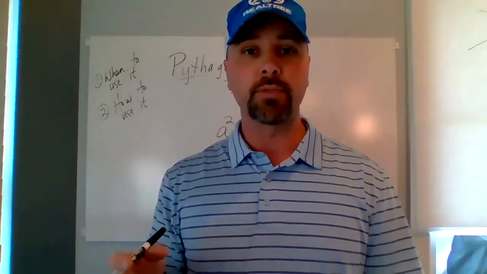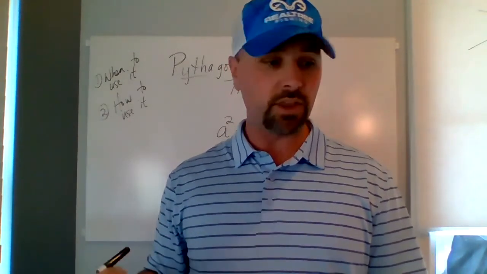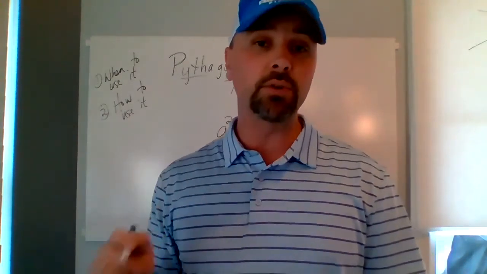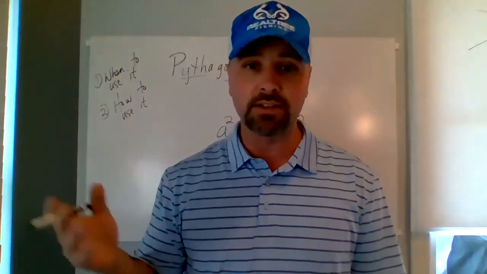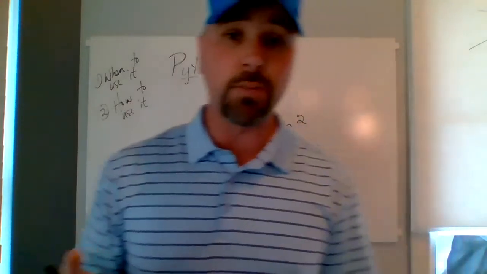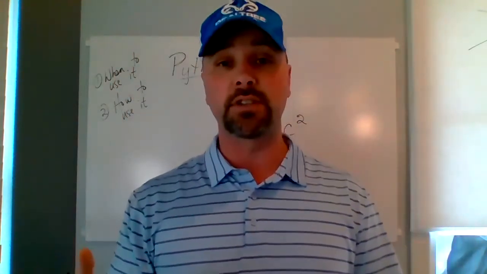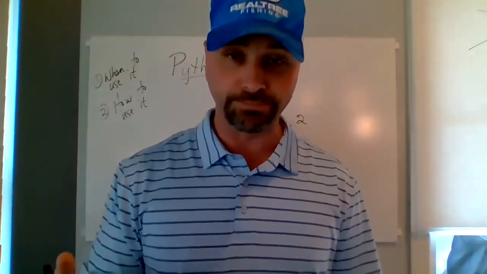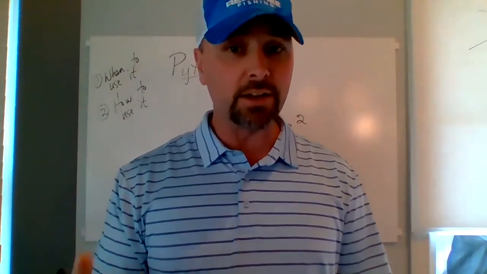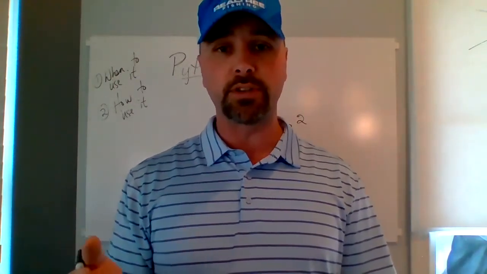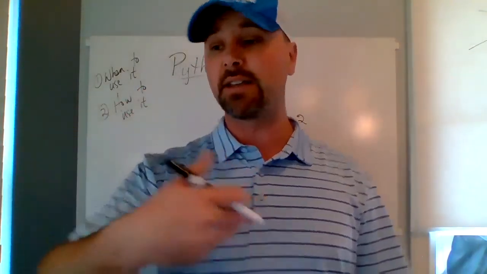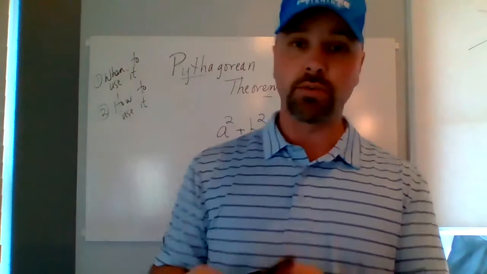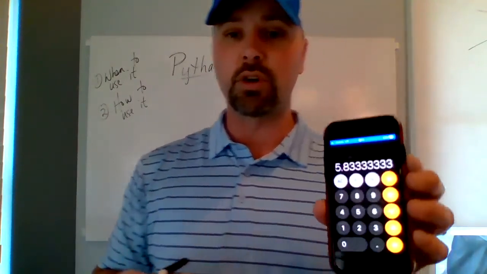When we use Pythagorean theorem, you're going to need the square root function on a calculator. You know where that is on the calculators we use in school. You may not know how to find that, for instance, if you're using the calculator on your phone. On iPhones and probably most other phones, if you pull up your calculator and turn it to the side, it's going to give you more of a screen.